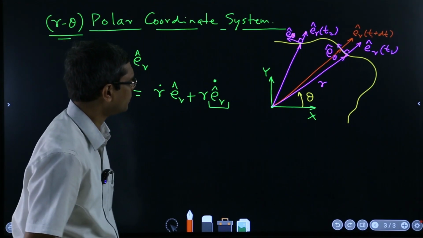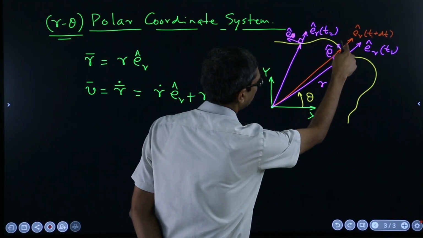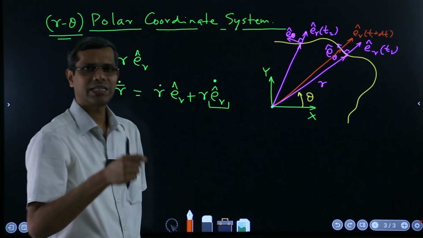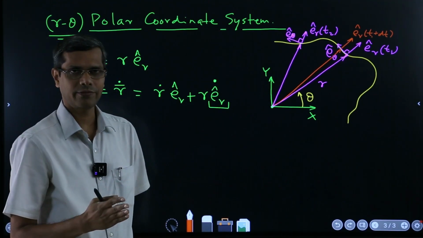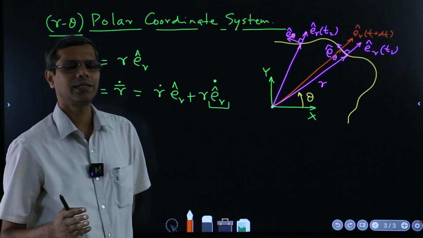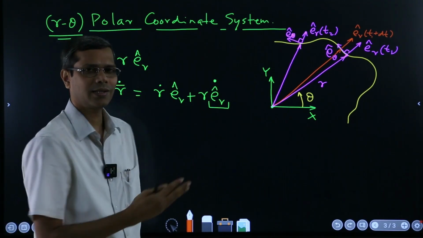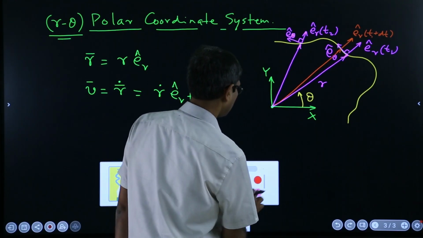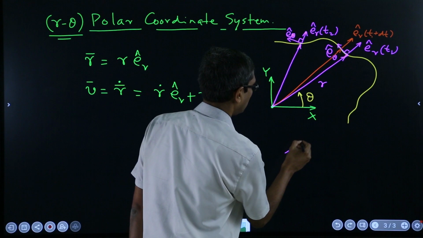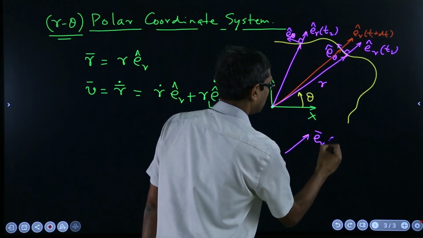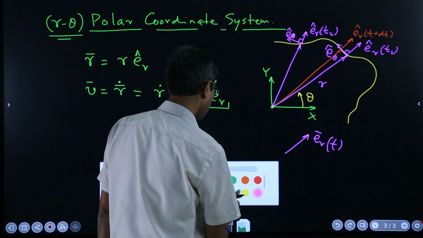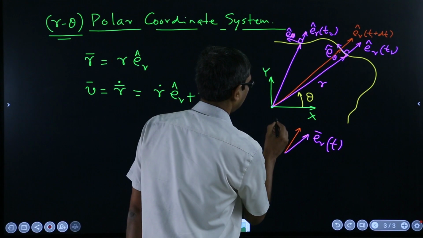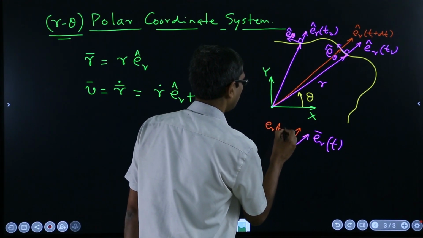Okay. Now, what we will do is bring these vectors and join them tail to tail, and you know that we can do this without affecting their existence, because a vector is a vector wherever you put it. Okay. So, I will just draw here ER at t and ER at t plus dt.